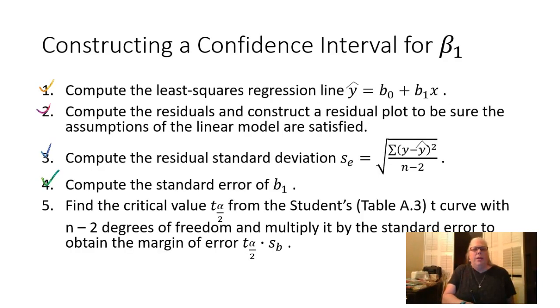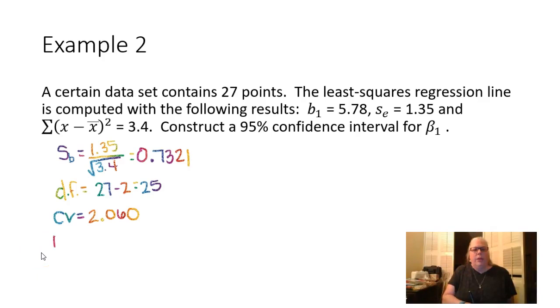Okay, next thing we need to do. We've got our critical value. We're supposed to multiply it by the standard error. This is going to give us our margin of error. So we need the margin of error. This is the critical value times the standard error for the slope.